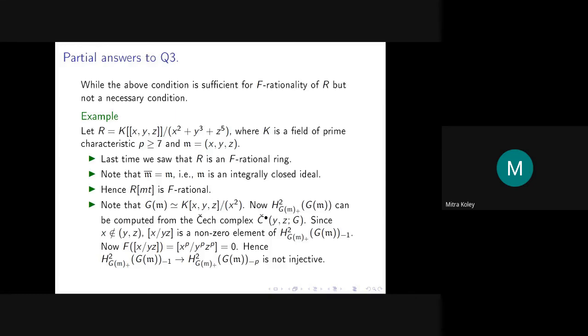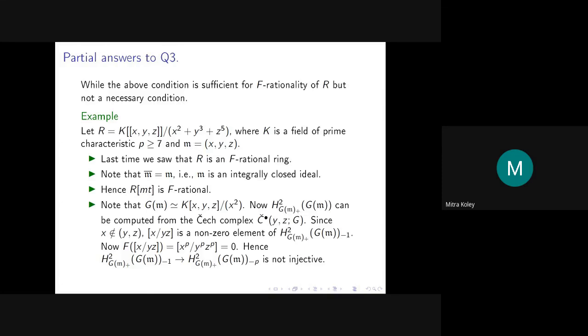The Frobenius F of x modulo (y, z) is just the quotient x^p mod (y^p, z^p), and then take the cohomology class. Now x^2 is 0 in G_m, hence this is 0.